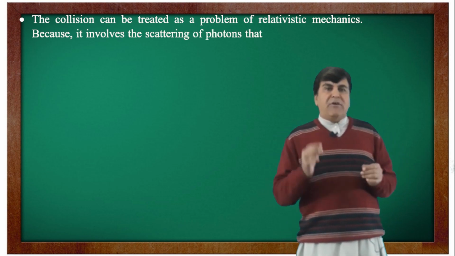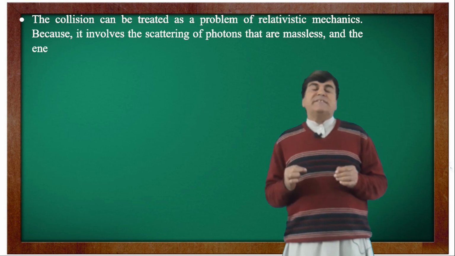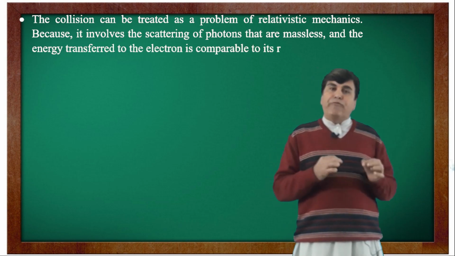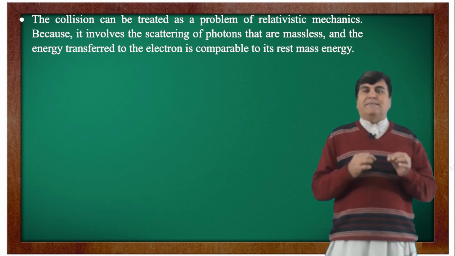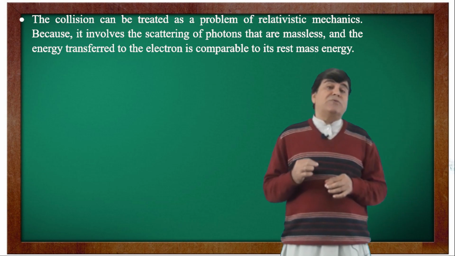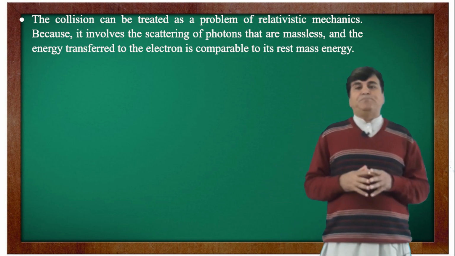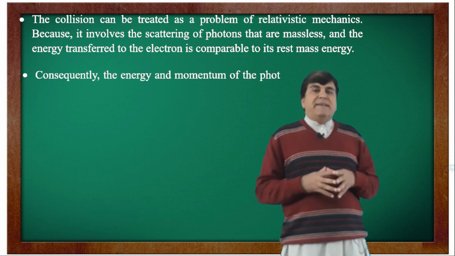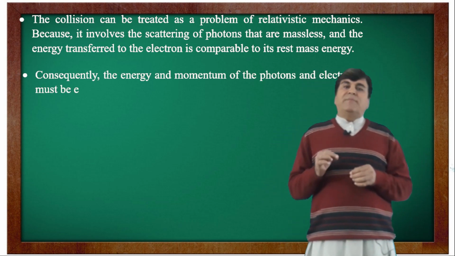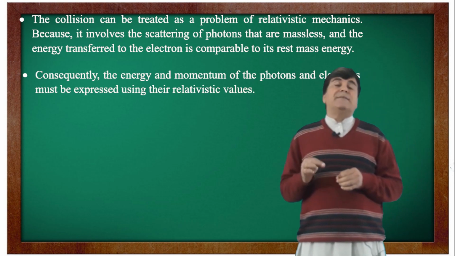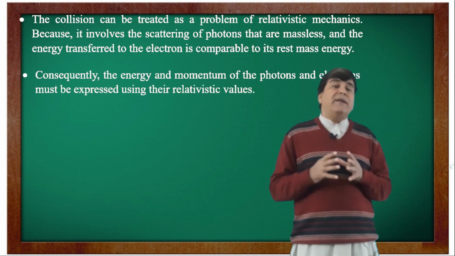Why? Because it involves the scattering of photons that are massless and move with the speed of light. And the energy transferred to the electron is comparable to the rest mass energy. Number 2. Consequently, the energy and momentum of the photons and electron must be expressed using their relativistic values.